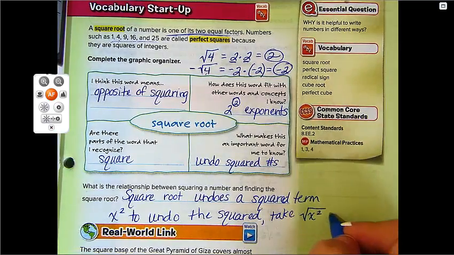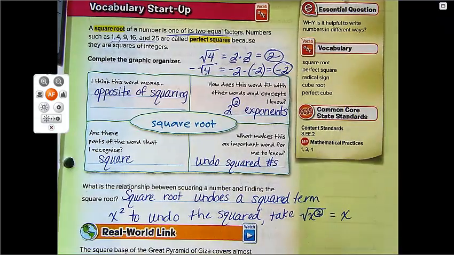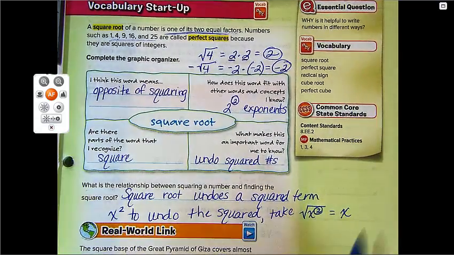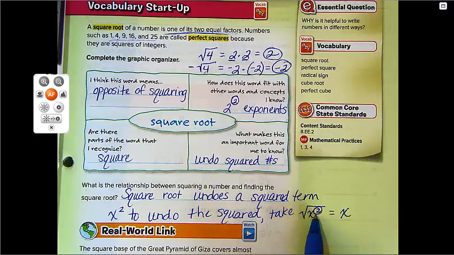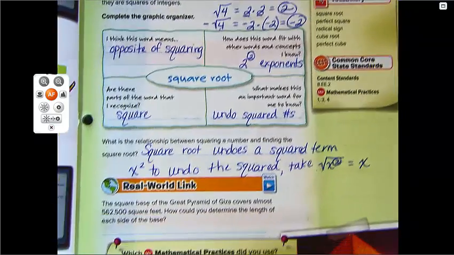All that does is get rid of this little bitty 2 right here, and I'm just left with an x. So in order to get rid of the 2, or the squared of a term, I take the square root of it. This sign is also called a radical sign. So I can take radical x squared, and that takes away the squared part, and I'm left with just an x.